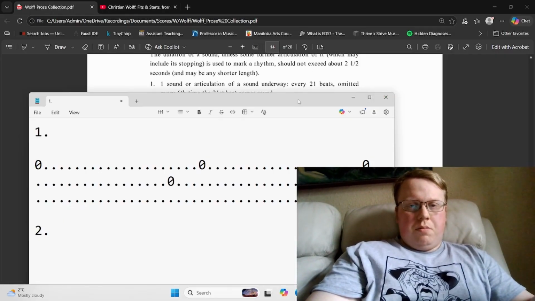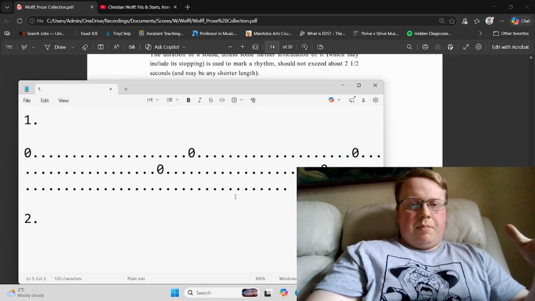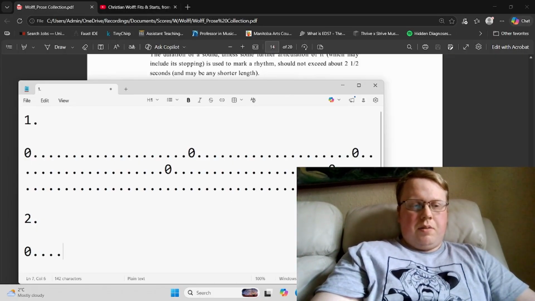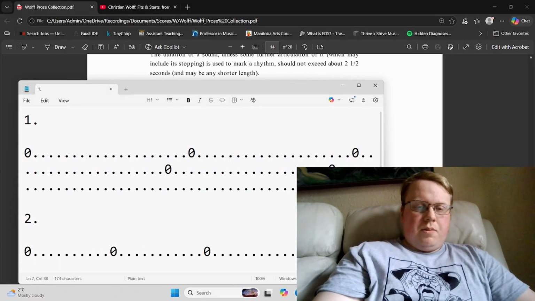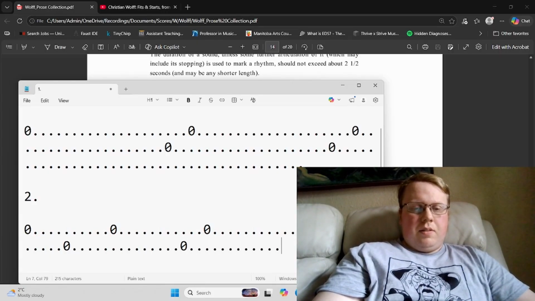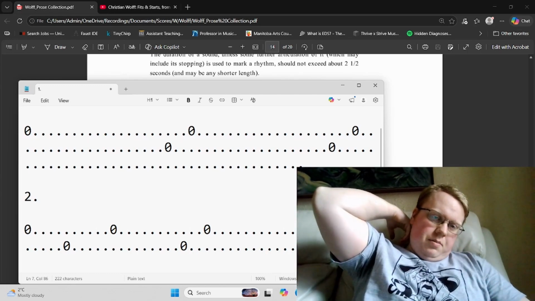So this is the pattern you're repeating in sequence one. Sequence two is an expanding pattern, like it continually expands. So it goes 11 beats, 12, 13, 14, 15, then we'll do 16, etc. That's sequence two.